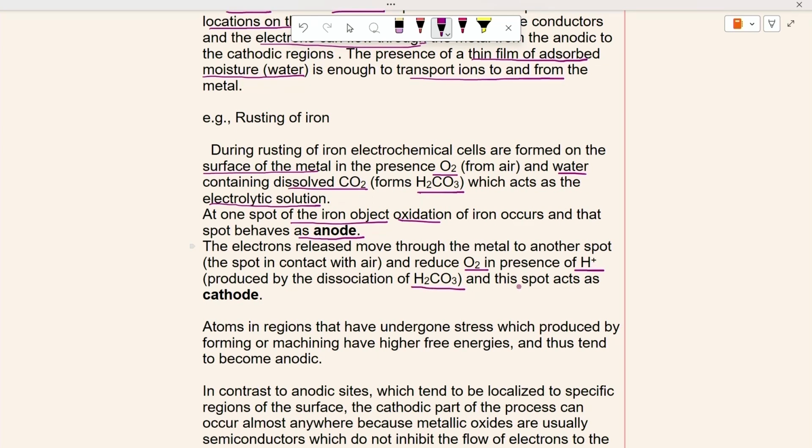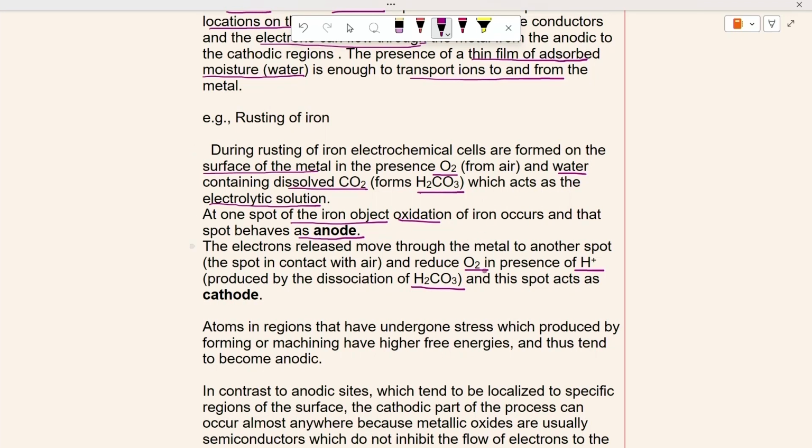Any spot in the metal which is capable of taking electrons is enough, but in the case of iron, it is the oxygen in the presence of H plus ions which acts as the region where reduction occurs, and it acts as the cathode. So, that will be the spot which acts as the cathode.